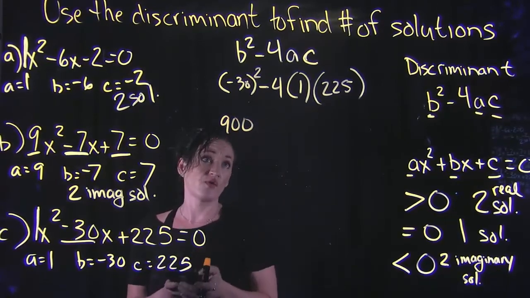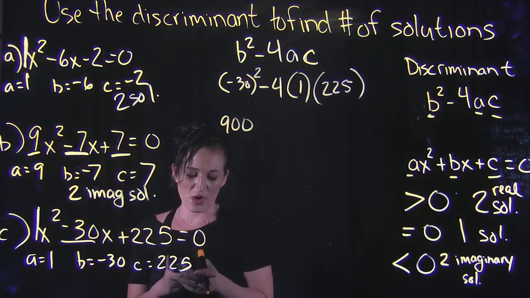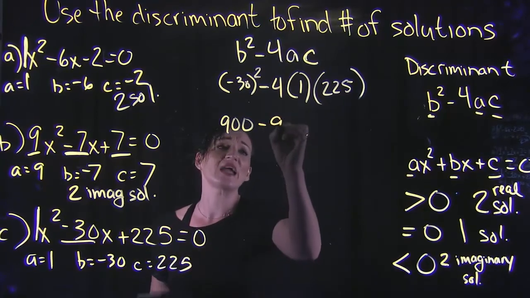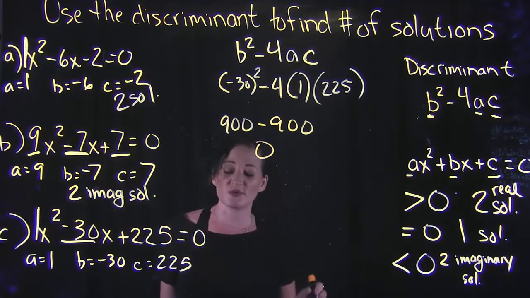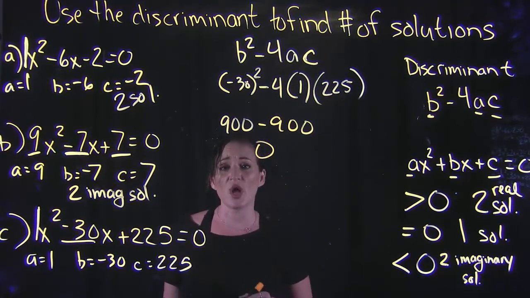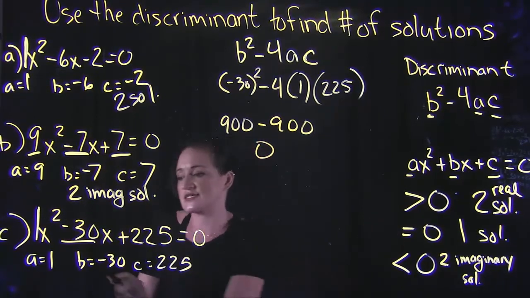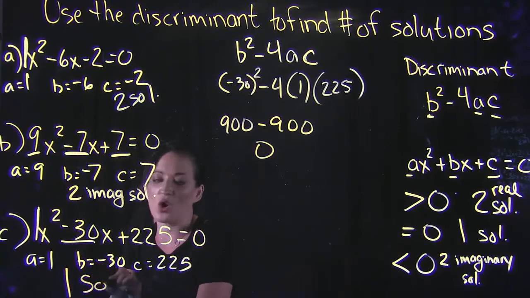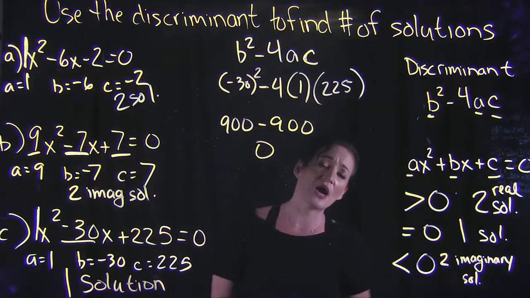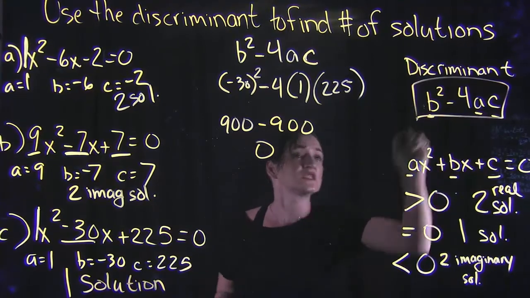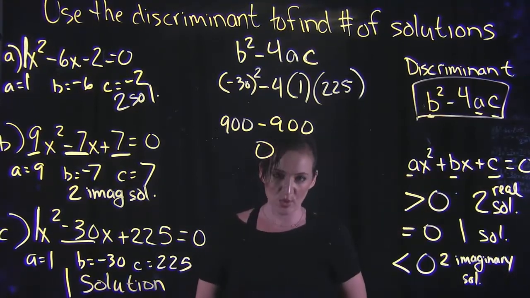And then we have 4 times 1, which is 4, times 225, which is also 900. 900 minus 900 is 0, and because we get 0, that signifies that we are going to have one solution for that one. So that's how it works using the discriminant to figure out how many solutions your equation is going to have.